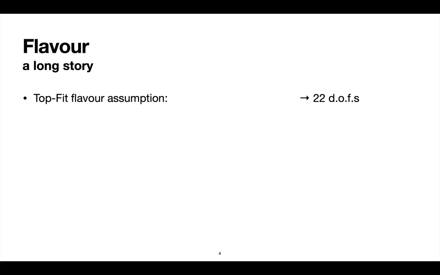And obviously now, if you're interested in the flavor structure, this is way too simplistic, and you want to relax the assumptions on flavor. As Felix has already pointed out, in a completely flavor anarchic case, there are way too many degrees of freedom.